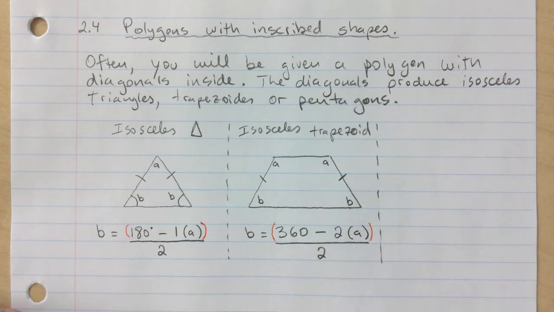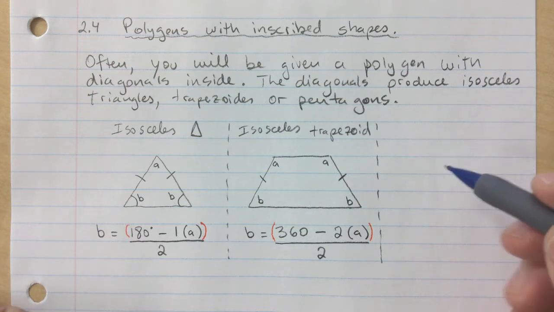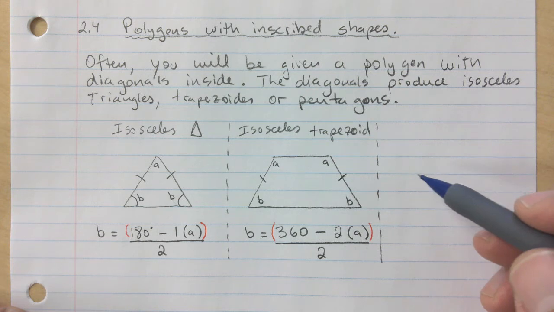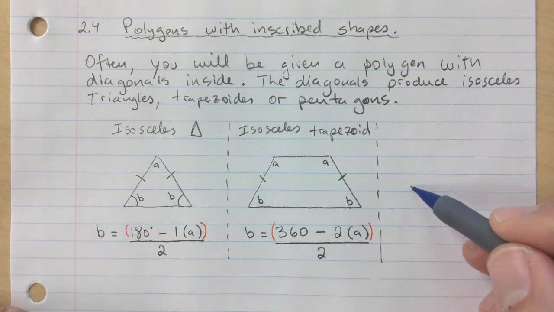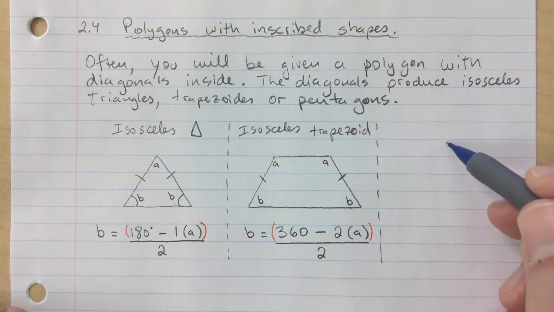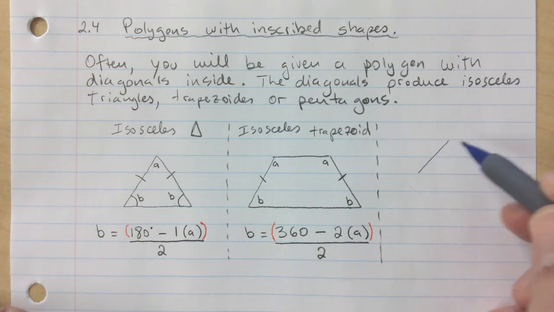Next, we're going to do an isosceles pentagon. Yes. Let me try this. Let me do it first, and then you do it, okay? So I'm going to start with a triangle like this, like a roof.